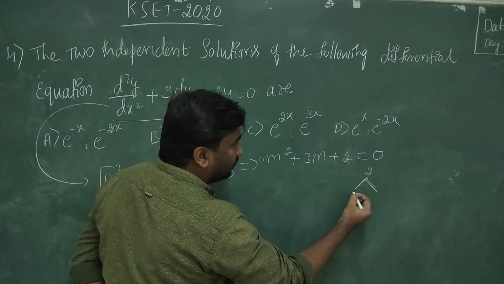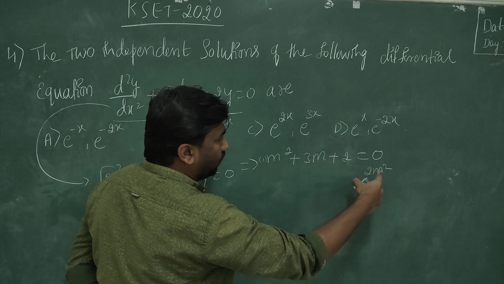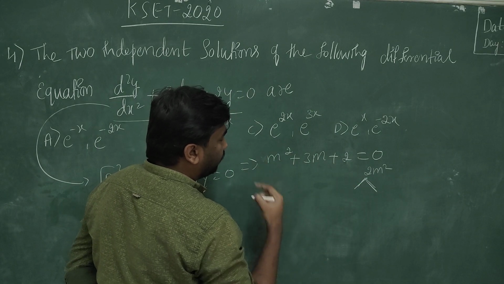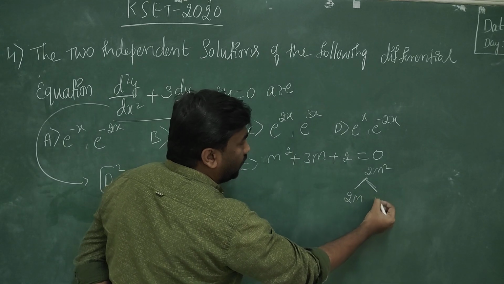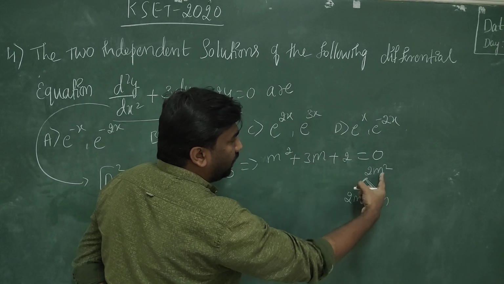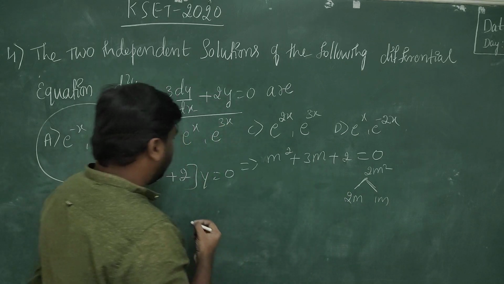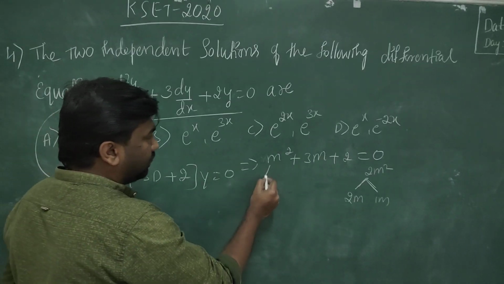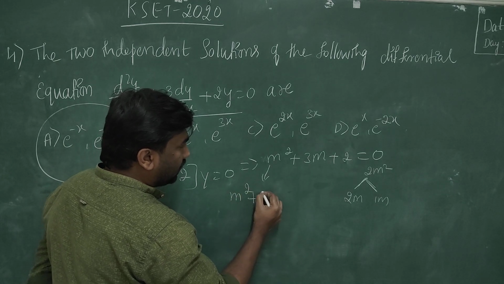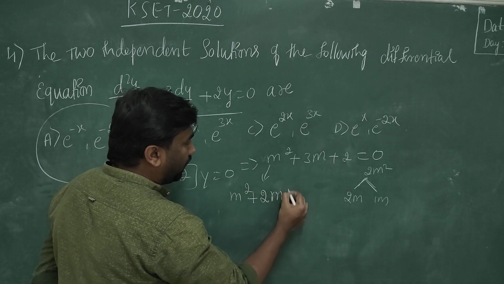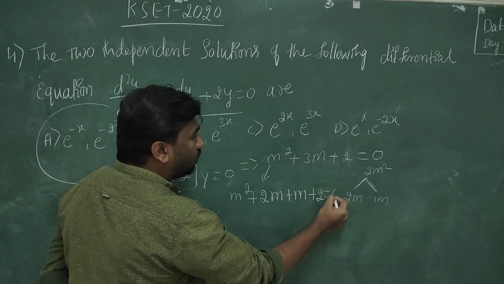So 2 ones are 2, 2 plus 1 is 3, 3m. Therefore we can write this as m square plus 2m plus m plus 2 is equal to 0.